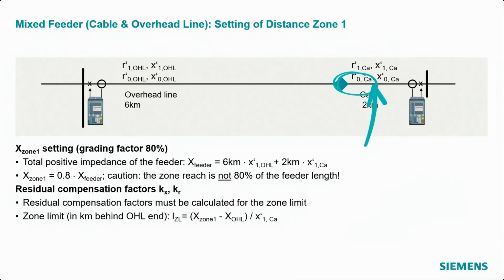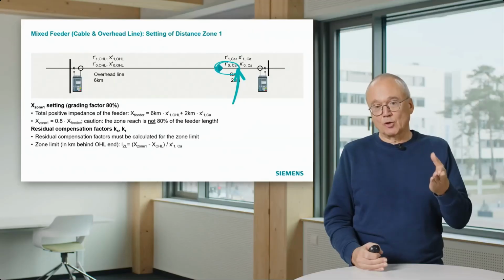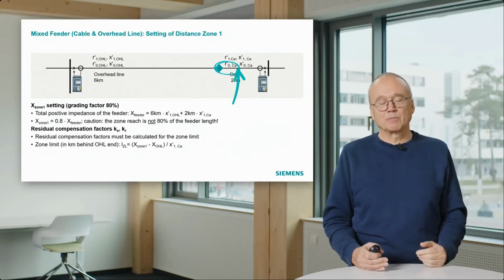We know the impedance of the first zone, that is the X of zone 1, or the reactance of the first zone. We know the reactance of the overhead line, that is the reactance in ohms per kilometer of the overhead line multiplied by 6 kilometers.